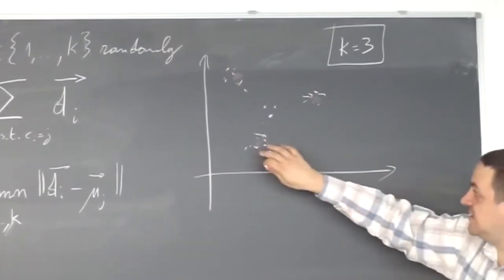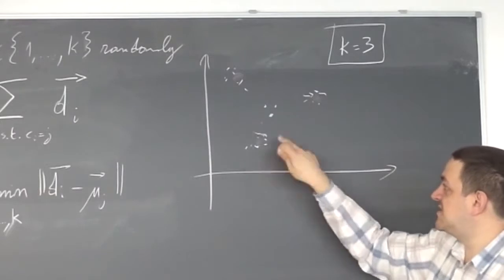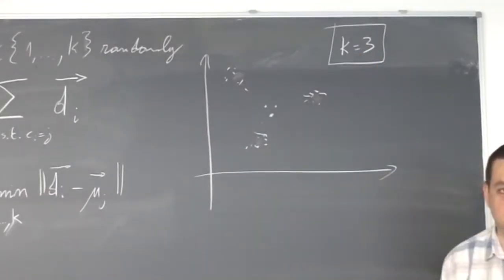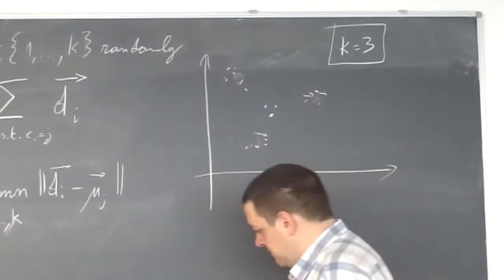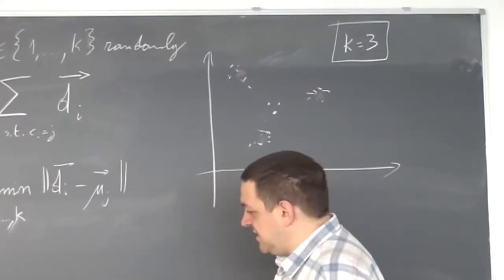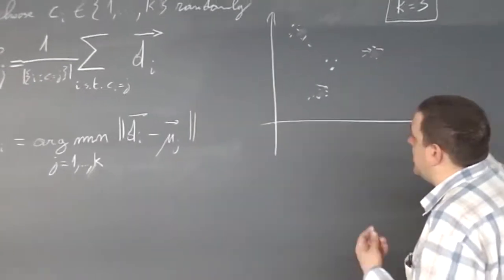Of course, this is an ideal situation in which we have precisely 3 clusters and we chose 3 representatives for them. So what is the idea? Why should this happen?